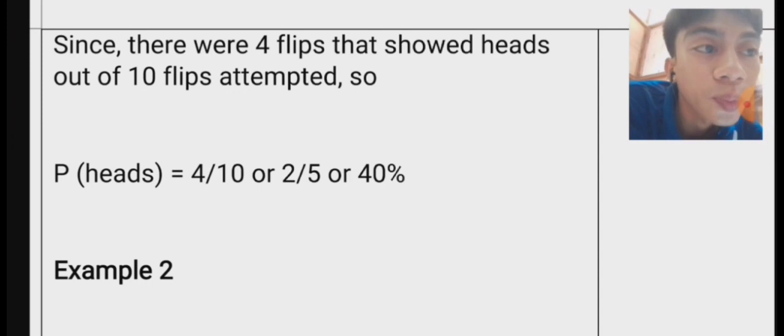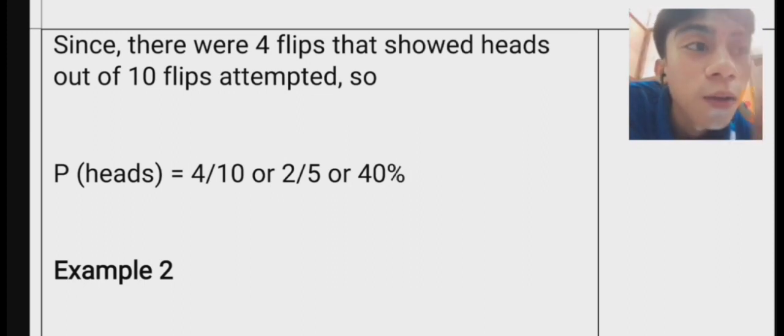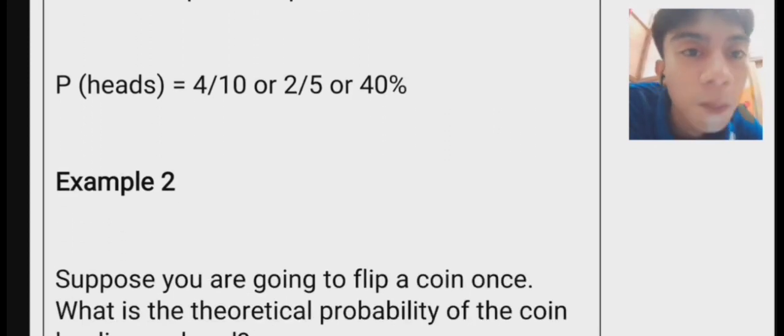So we have 2 divided by 5, or 40%. How did we get the 40%? 4 divided by 10 times 100% is equal to 40%.